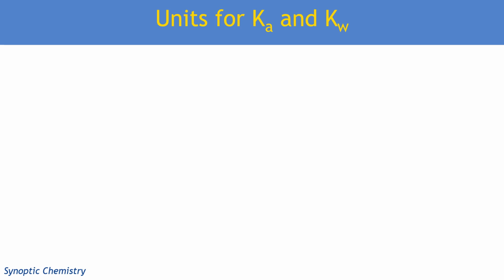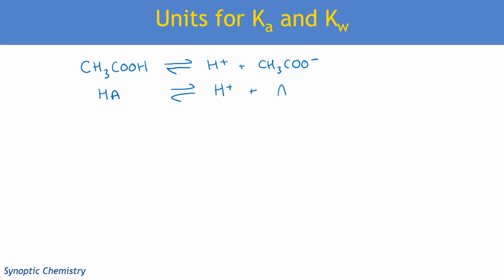So when we think about Ka, for example, we may have a weak acid like ethanoic acid dissociating to make H+ and the ethanoate ion, or we could write that as HA dissociates to form H plus and A minus, and we can use that shorthand for any of our Ka equations.